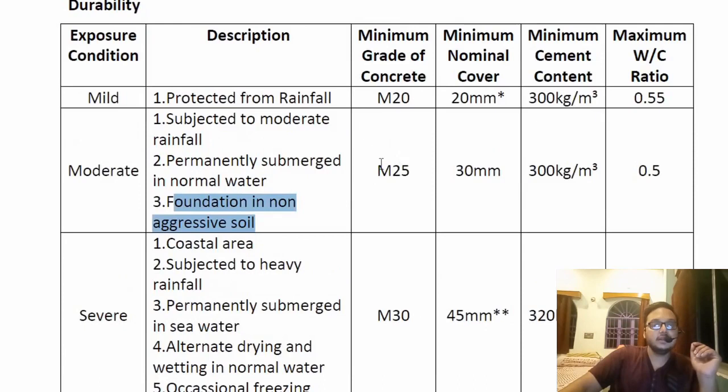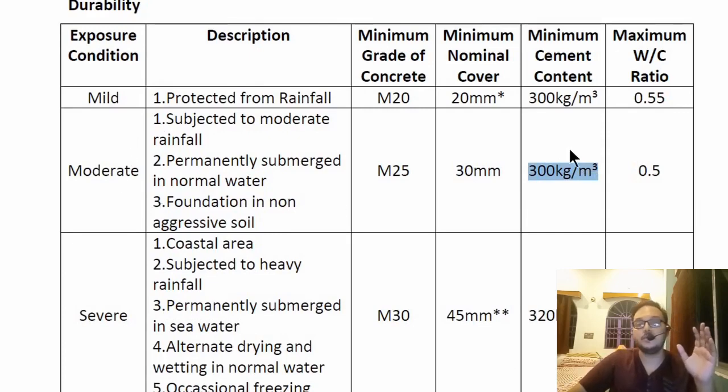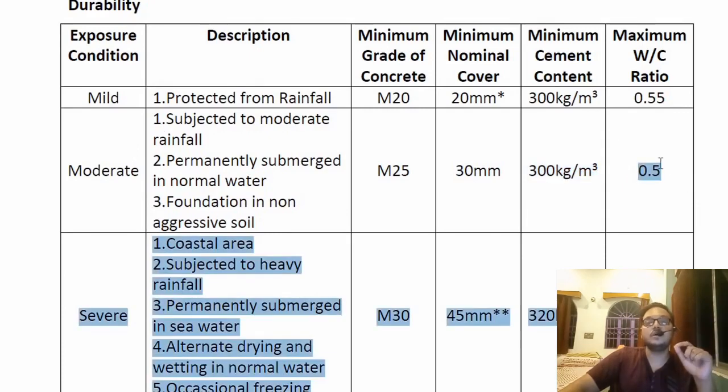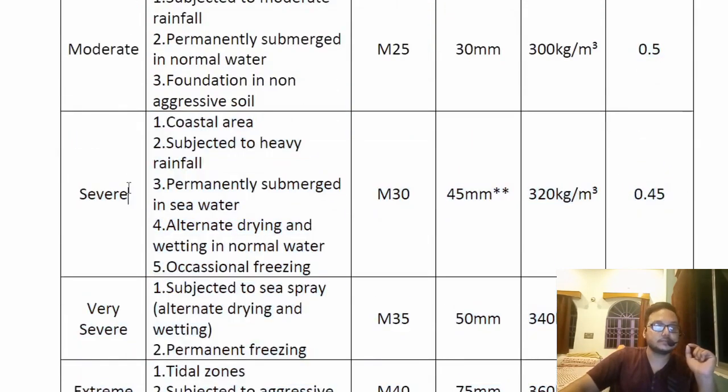So for that, the minimum grade of concrete shall be M25 and the minimum nominal cover shall be 30 mm. 300 kg per meter cube is the minimum cement content. It doesn't matter whether it is mild or moderate exposure, we are always using 300 kg per meter cube as the minimum cement content, and 0.5 shall be the water to cement ratio.